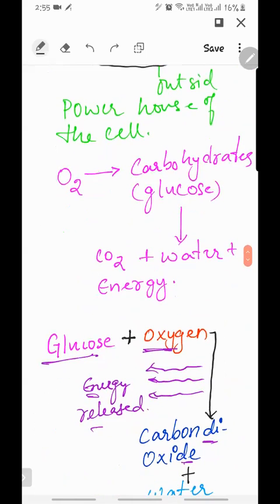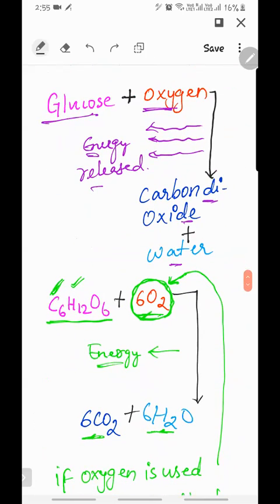Here, sir, at 6O2. We are using green color highlight. 6 molecules of oxygen, we are using 6 oxygen molecules. Then how did 2 come, sir? In that itself, 6O2 you have written. O2 is oxygen. Okay, sir.